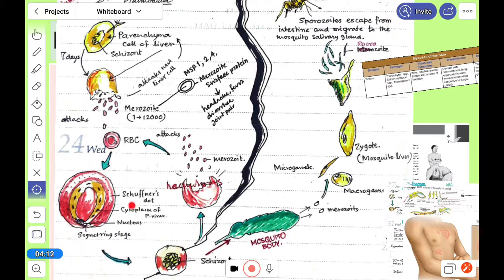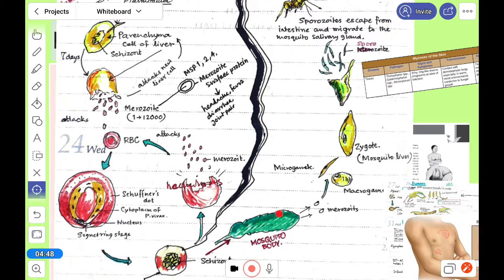From this signet ring stage, two things can happen. One, the mosquito takes this blood, this RBC. Otherwise, a huge number of merozoites will form again, from 12,000, and again attack the RBC. So a huge number of RBCs are attacked.